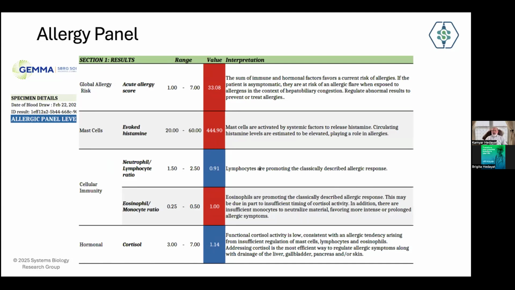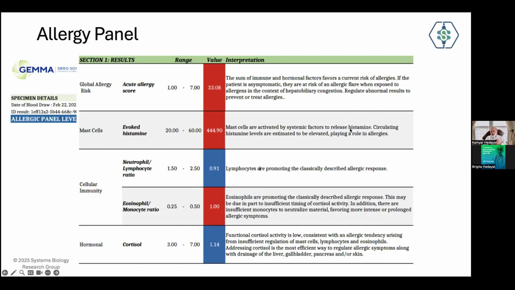Now, if your patient already has allergies, you can start treating them. But let's say in the face of these results, they actually are not showing signs of allergies yet. Well, it says right here, if the patient is asymptomatic, they're at risk of allergic flare when exposed to allergens in the context of hepatobiliary congestion.